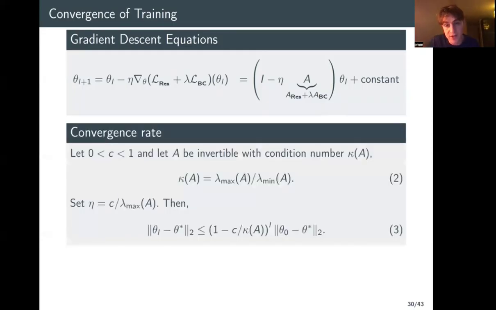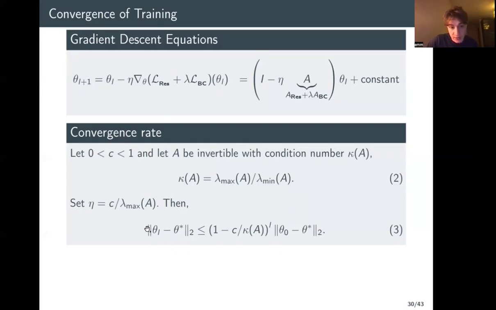Since this is obviously a linear iteration, we can actually prove convergence in the case where A is invertible, and we can have an idea on the speed of convergence, which is tied intrinsically to this matrix A, and in particular its conditioning. By conditioning here, I mean we take the biggest eigenvalue and we divide it by the smallest eigenvalue.